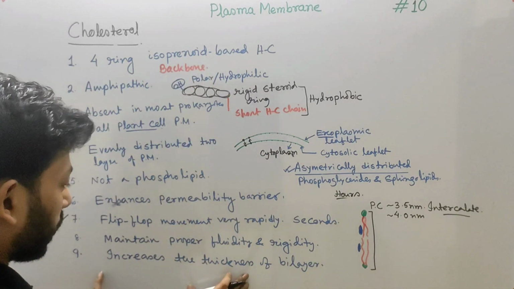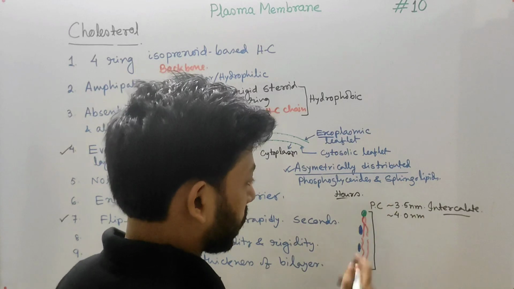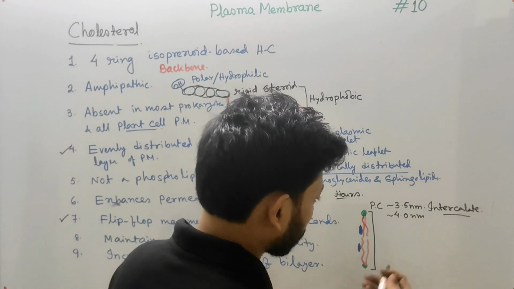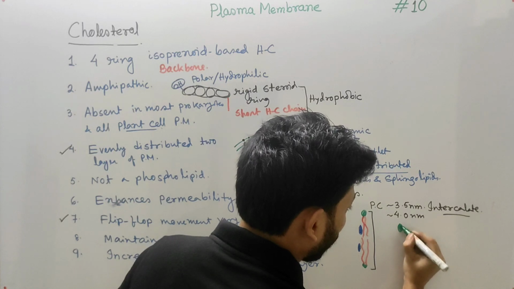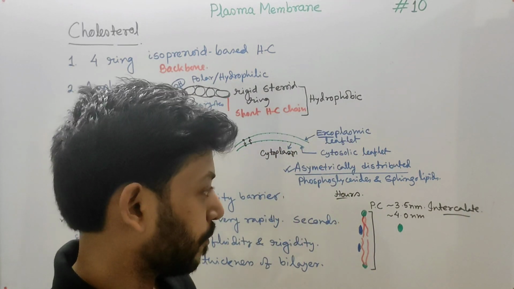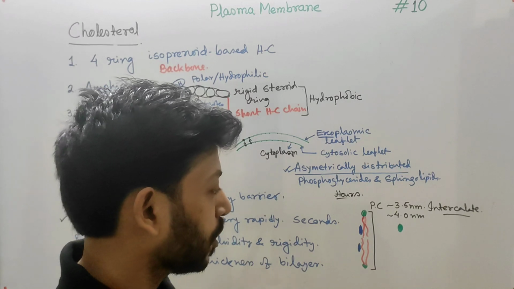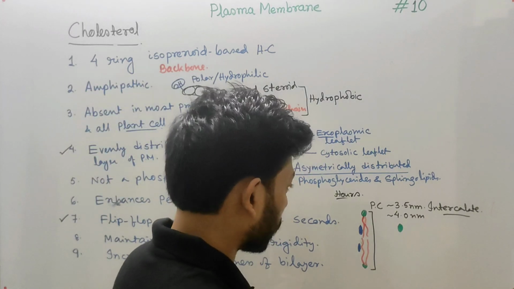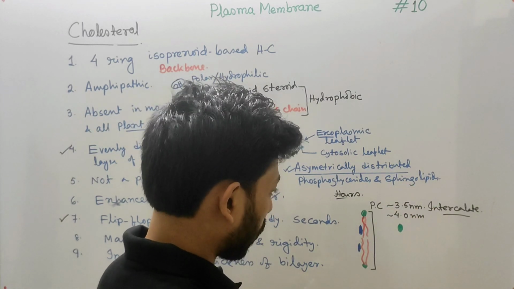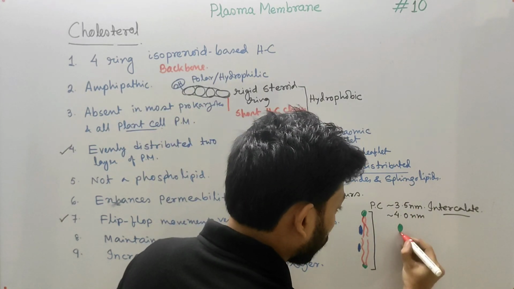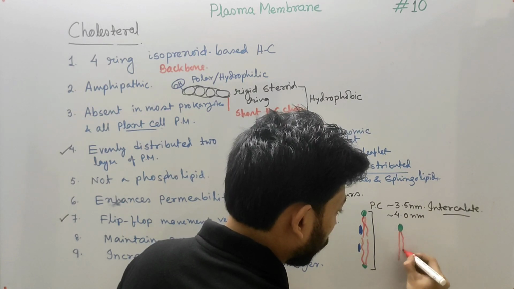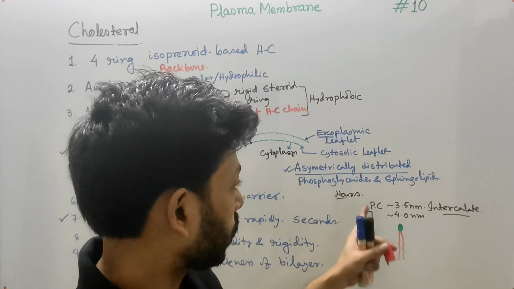But here is a restriction. Why? Because of sphingolipids. Let's suppose this is a sphingolipid, sphingomyelin. I have already mentioned what sphingomyelin is. If you have not watched my previous video, you can first watch what sphingomyelin is. Sphingomyelin is a lipid that falls under the sphingolipids. Sphingomyelin also has a head group and a tail group, but the tail group of sphingomyelin is longer than that of the phosphoglycerides.